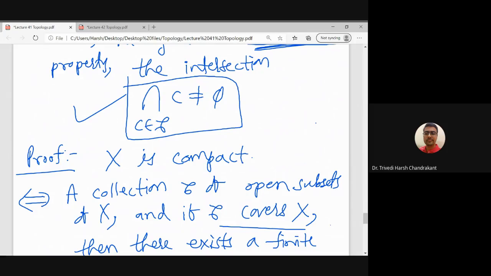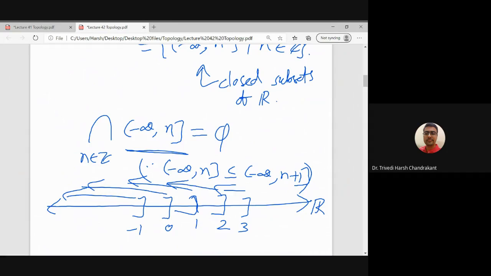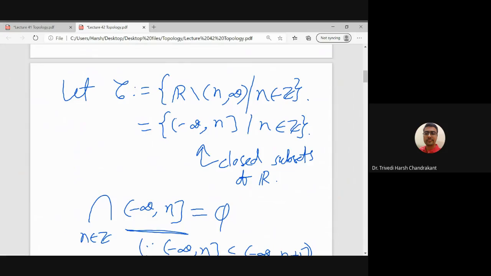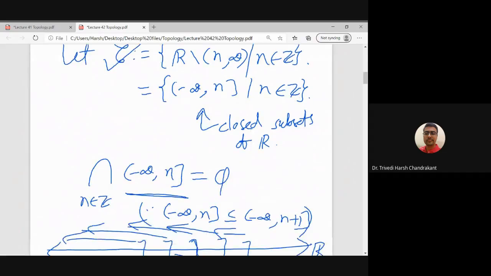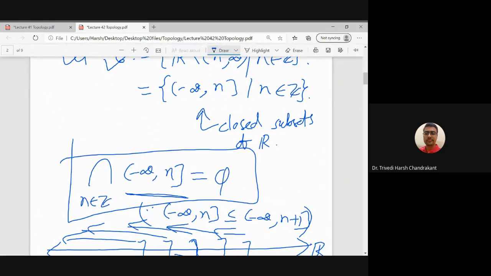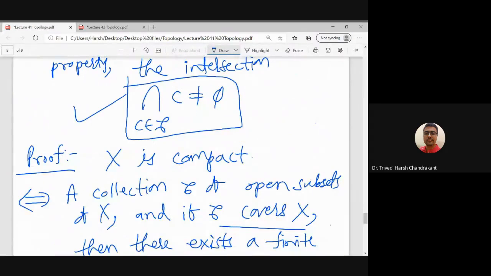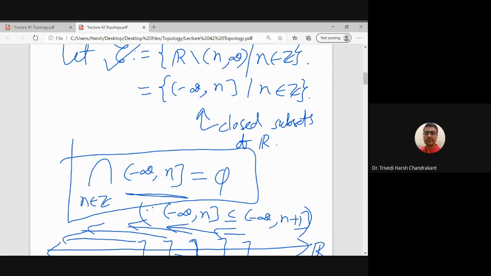But in this example, we observed that for R, the set of all real numbers, we considered this particular family C, which satisfies the finite intersection property, but its total intersection is empty. The condition was that the total intersection should be non-empty, but here it becomes empty.